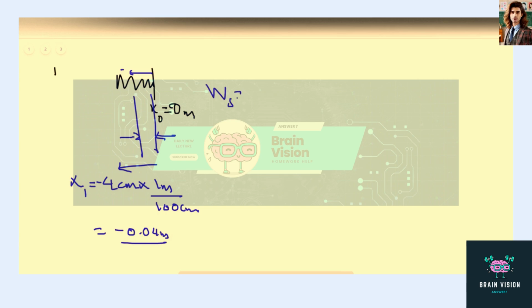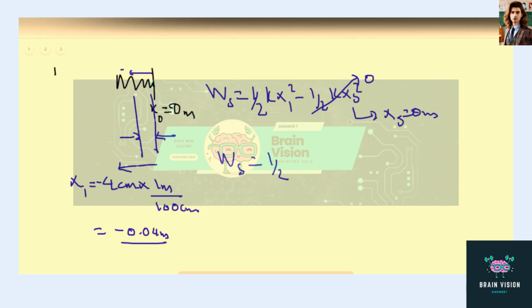Using the work energy theorem for the spring, we have 1/2 k x1 squared minus 1/2 k x0 squared. This is going to be 0 because x0, as you can recall, is 0 meters. And so our W, the energy in the spring, becomes 1/2 k, which doesn't change for the spring because it's based on the material, 2.67 times 10 to the 4 newtons per meter, times negative 0.04 meters squared.